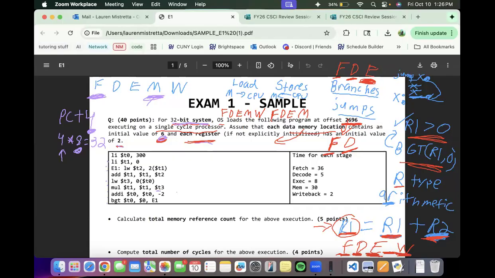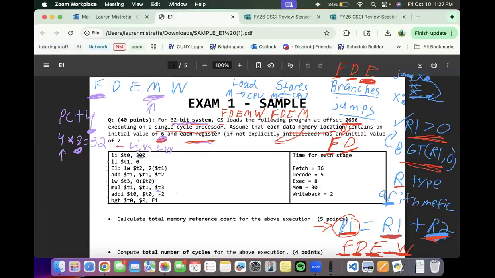So first things first, we have over here LI, which means load immediate. This is a load, but there's a difference between load immediate versus load word, LI versus LW. Load immediate is loading a constant, just a normal number. Load word is loading from a memory address, meaning that only load word is going to end up going into mem.